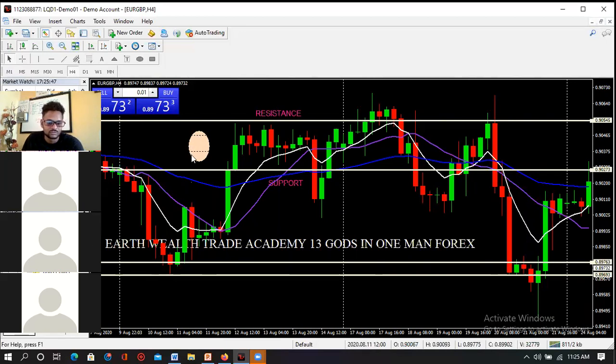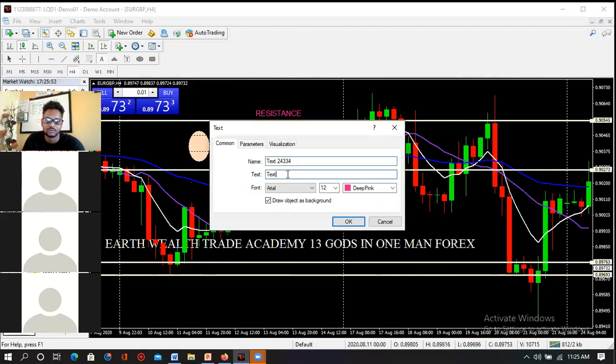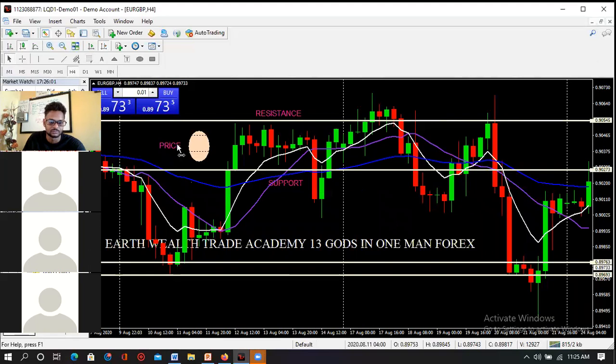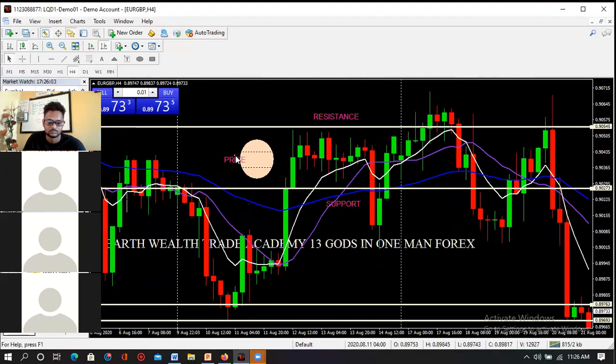See? So imagine this is price. And I want to label it as best as I can right now. This is price, and price is moving. And price is going up, down, just like the candle. So these candles represent price. This candle didn't go all the way up here to this resistance.